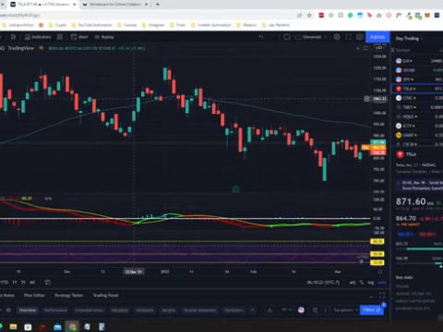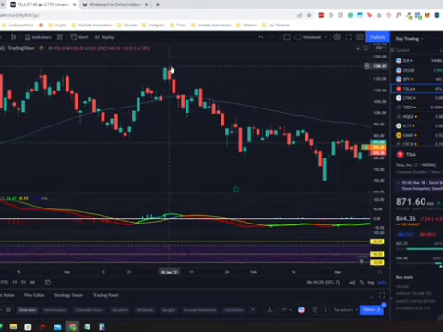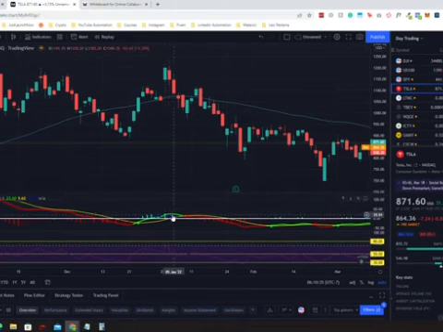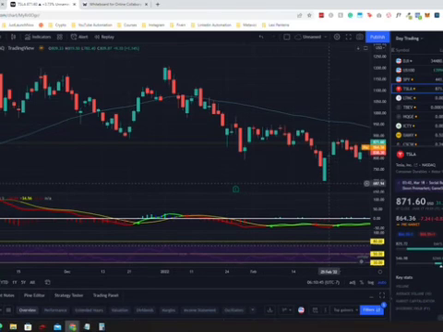But again, as you can see, if you were to buy here, it would be $1,000, and it went all the way up to 1,200, and then you can see how this line curves back down. It means it's again getting into a bearish momentum. And you can see it did drop all the way down to 783, to 700.